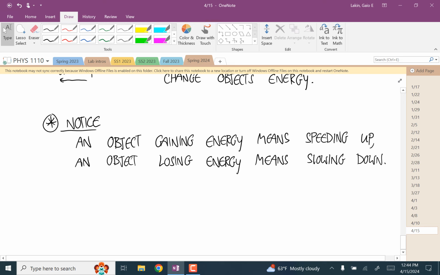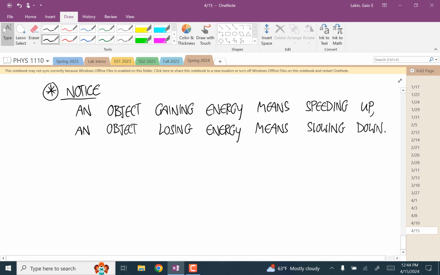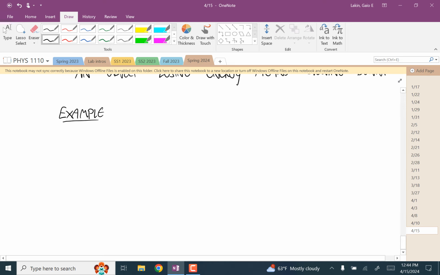Okay, so let's think a little bit about how this works. Imagine a cart moving to the right as a force is applied to it.